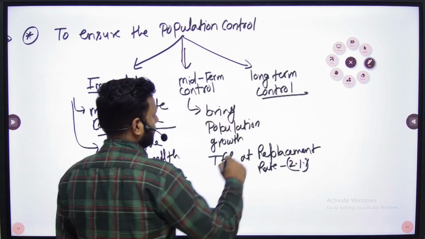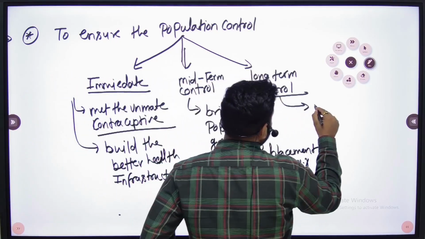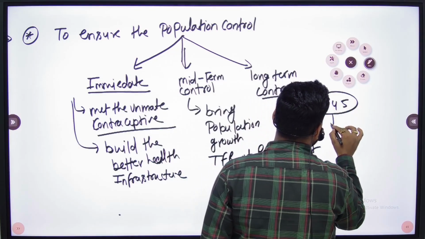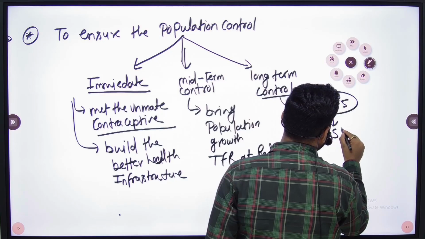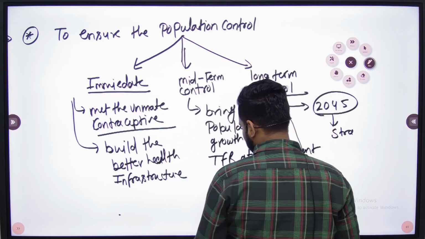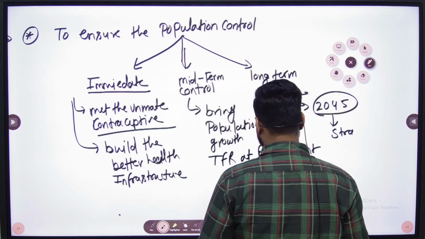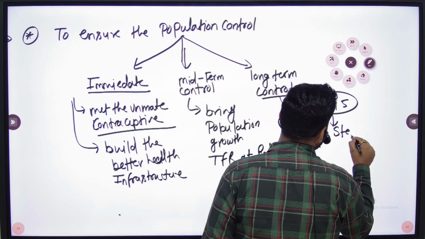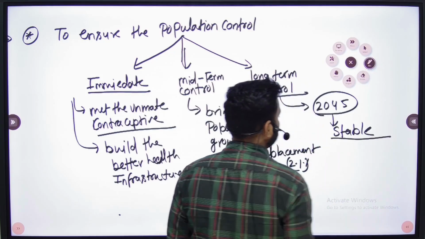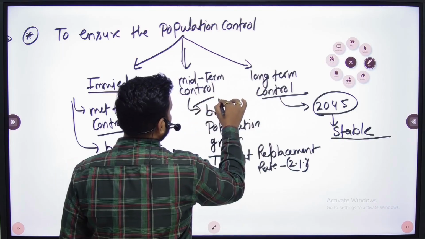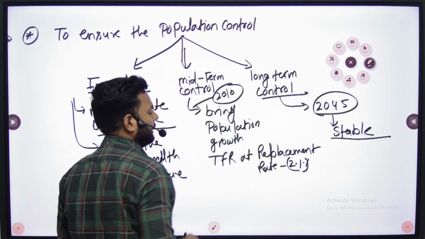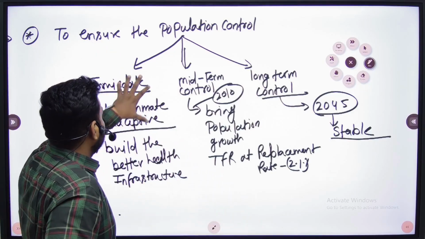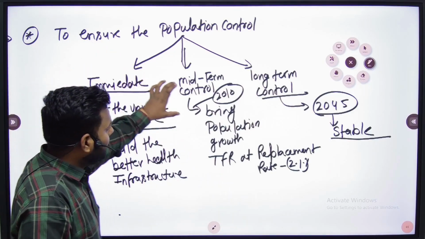And the long-term goal is that by 2045 the population should be stable. This is the objective of immediate, mid-term and long-term control, and this is what the question demands.